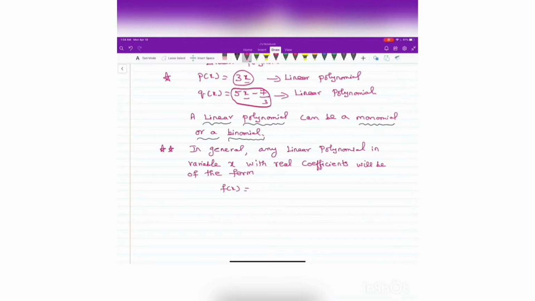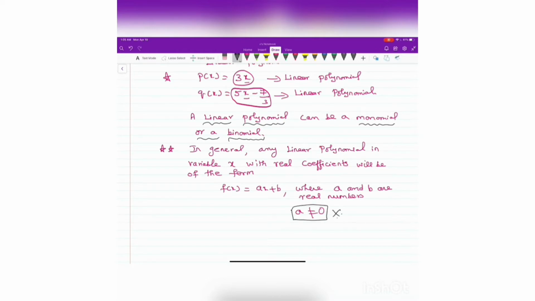f of x is equal to ax plus b, where, as you are already aware, a and b are real numbers, and this is a very important condition, a should not be equal to 0. See, why should a not be equal to 0?